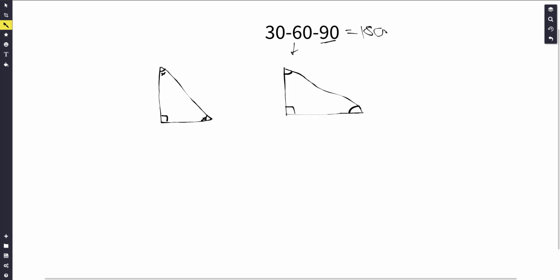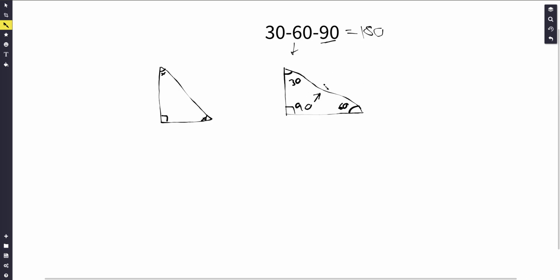Okay. The next thing you guys need to know about the 30, 60, 90 triangle is again the side property, and what each component of the sides are. So I'm going to write this is 90 degrees. We know this is 60 degrees, and we know this is 30 degrees. Okay. So this one I think just comes down to memorization. Across the 90 degrees, remember the hypotenuse, and these two are still the legs.